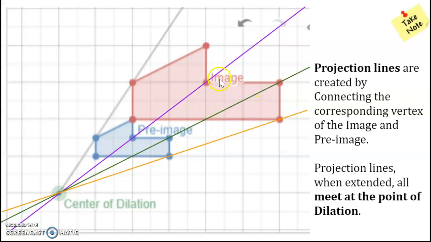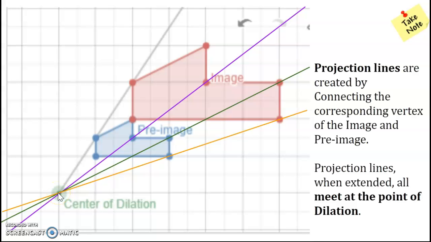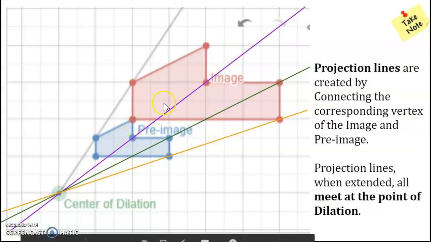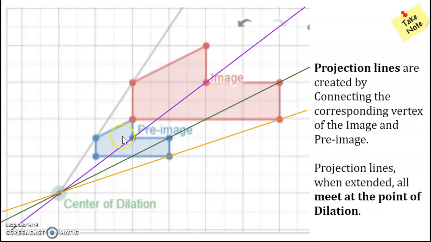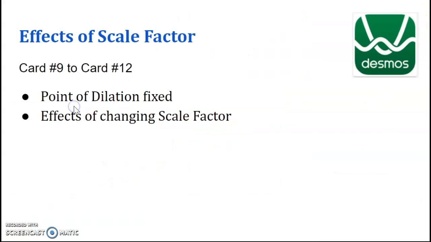If I extend each of these lines, they all intersect at the point of dilation. So when you join the corresponding vertices of the pre-image to the image and extend that line, they will all meet at the center of dilation. Please pause the video and take notes on this.